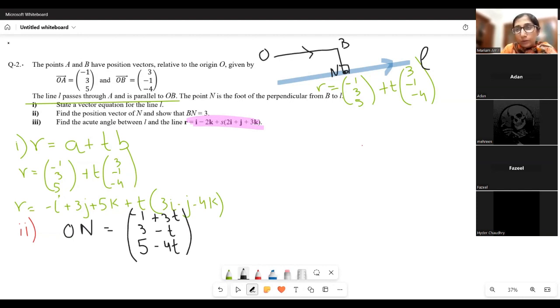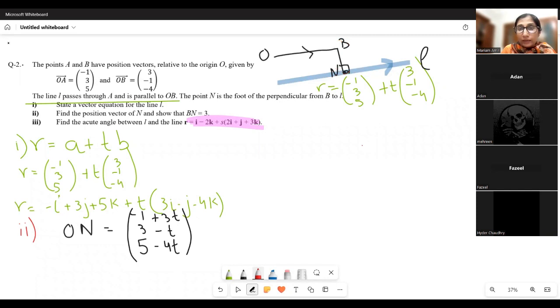We'll need t, and once we have t, we'll be able to find the exact position vector of N. Now we're going to find BN first in terms of t, then take the dot product of these two and equate it to 0, and that's how we'll find the value of t, because we know the dot product of two perpendicular vectors is 0.